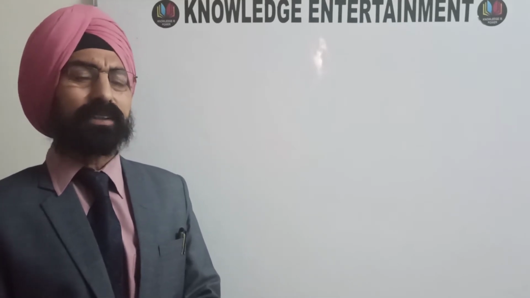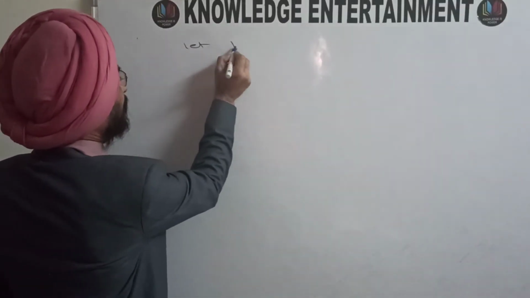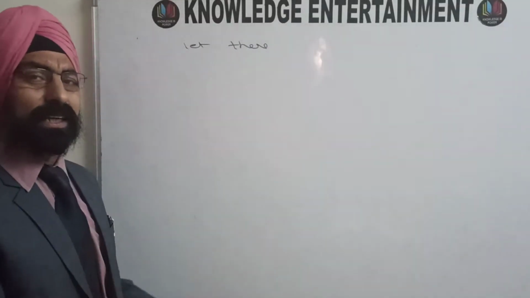The fundamental theorem of arithmetic says that every integer n greater than 1 can be uniquely expressed as a product of powers of primes. Let there be a natural number which cannot be represented as a product of primes. We are moving on to the way of contradiction.